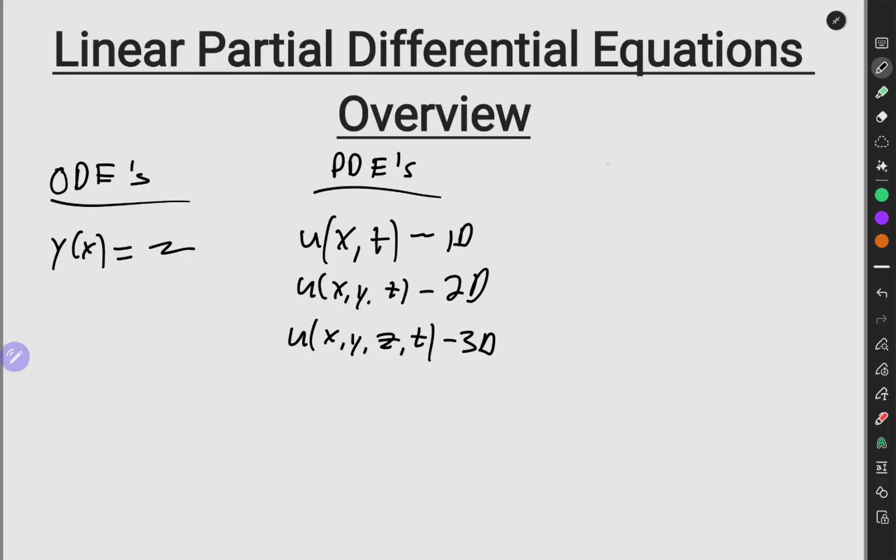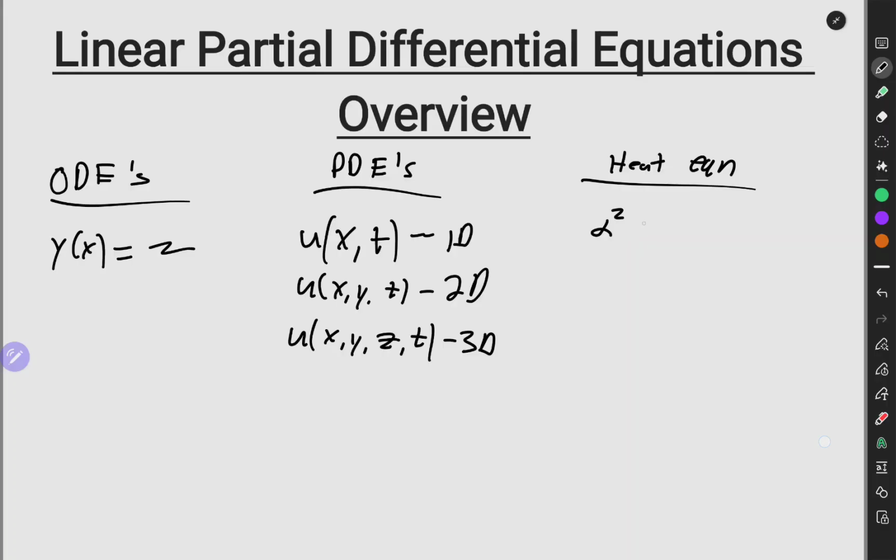So an example of a PDE, let's look at the heat equation. So the heat equation looks like this. Alpha squared, which is just the constant of thermal diffusivity. I hope I said that right.